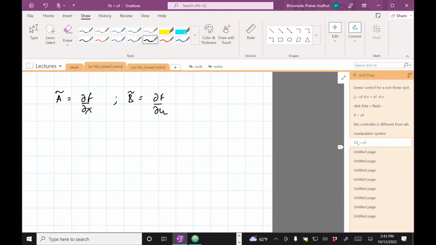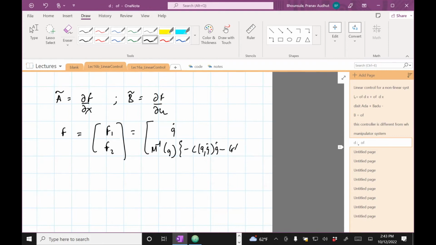Okay, so again, B tilde is because I don't want to step on the other B, which has already been defined. Note that F is F1, F2, where F1 is q dot, F2 is M inverse of q times minus C of q, q dot, minus G of q plus P of q times u.